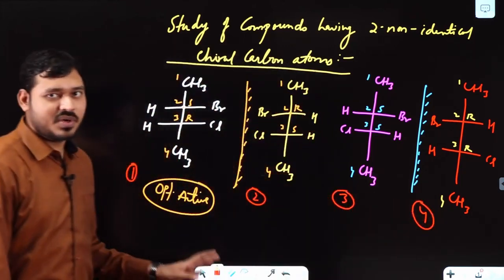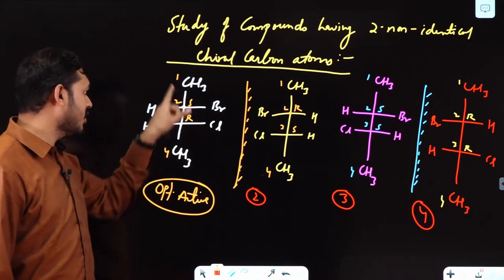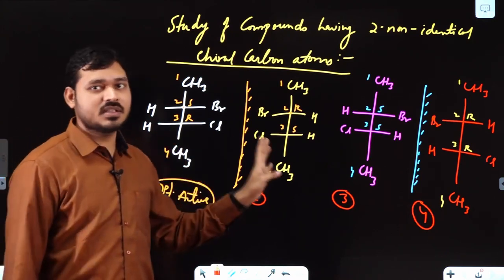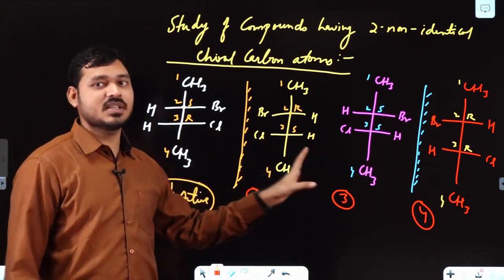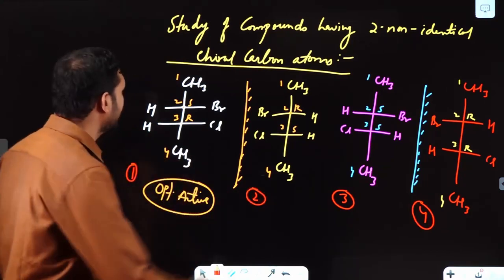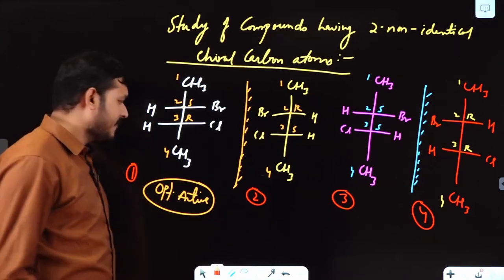Okay, so dear students, we can say that this particular compound 2 bromo 3 chloro butane is having 4 stereoisomers, and all these 4 are optically active, right? 2 non-identical chiral carbon atoms. Clear?